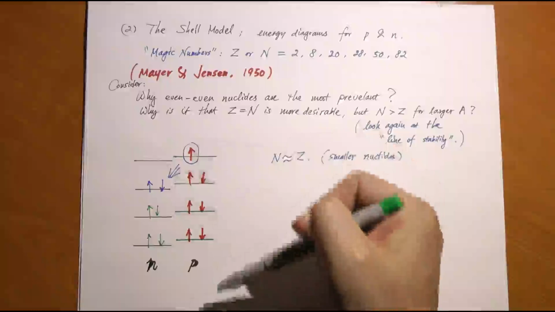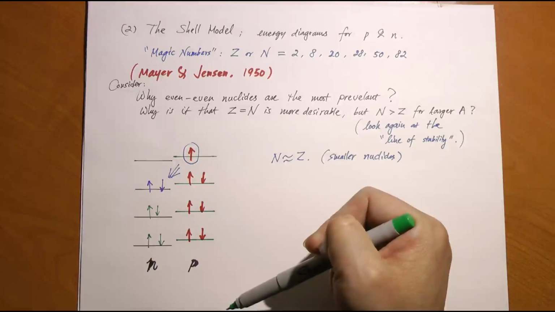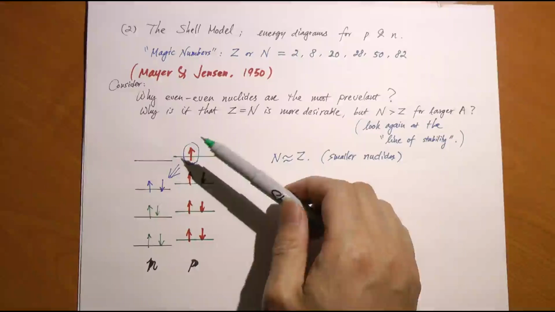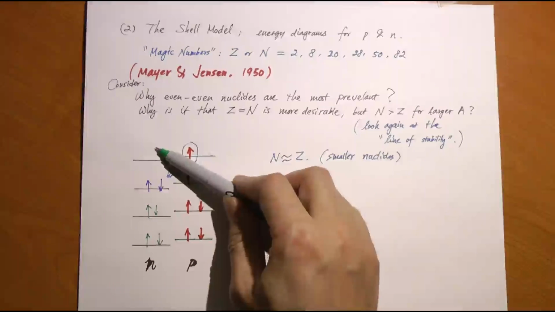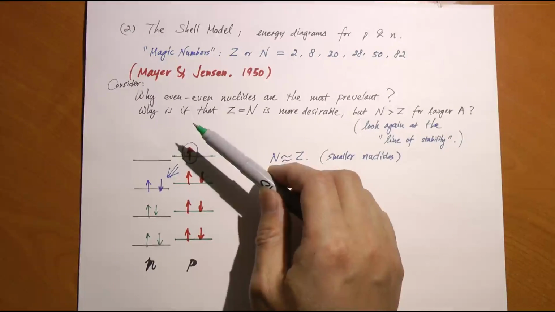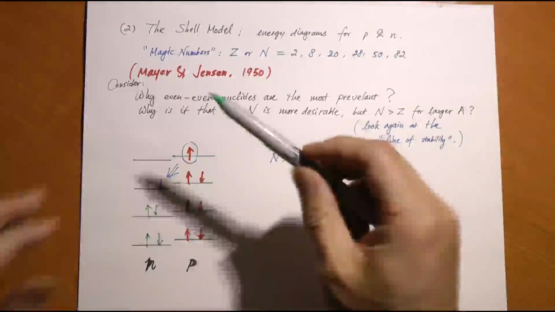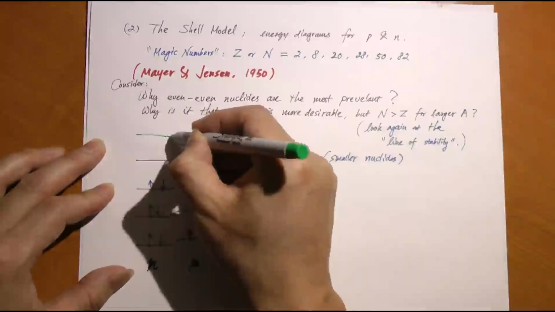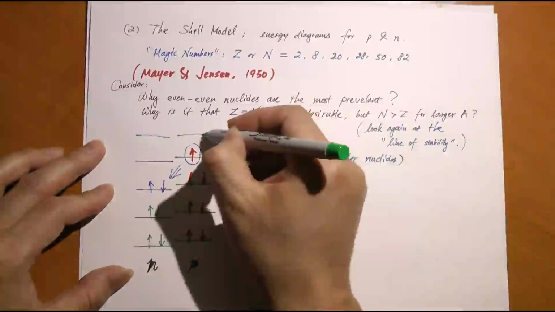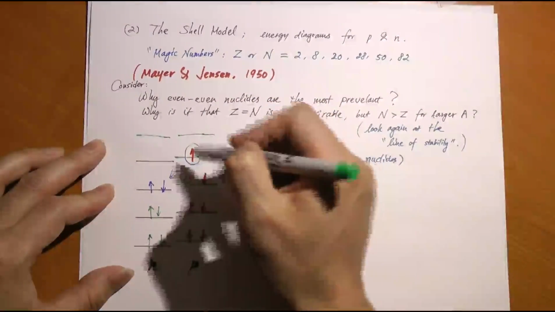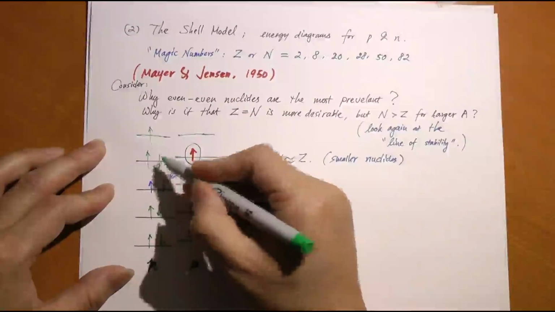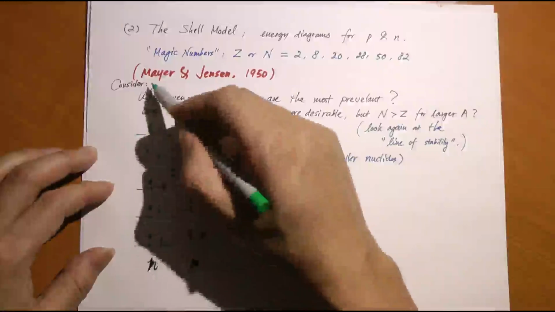So when you have a lot of protons, even if you have to pay an energy penalty by turning some of the protons to neutrons, normally you don't want to do that because that pushes the neutron Fermi energy high.